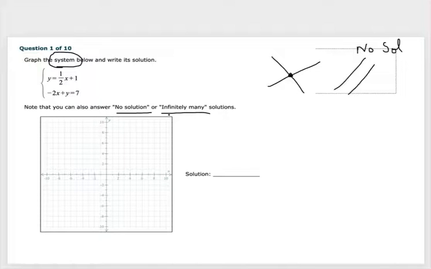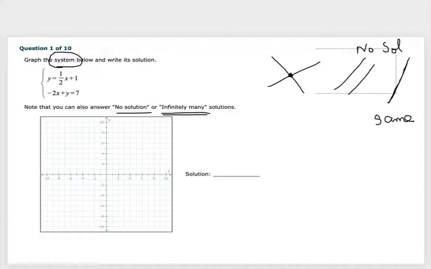If we have an infinitely many solutions situation, that means that these two lines are actually the exact same line. I hope you're going to be taking real good notes on this, because you're going to be using these notes to do 10 problems on your own.